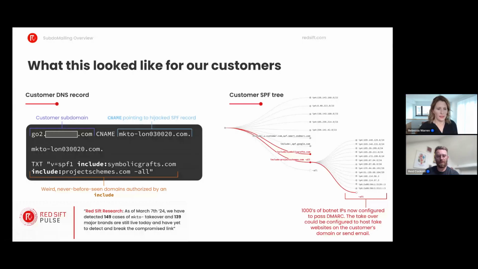Yeah. And Reid, just to add a point, this domain, we actually did a lot of research into these types of domains, these Marketo kind of look-alike domains. What happened was those were originally added to the DNS records by the security teams or whoever was using those, but then they expired. So after they expired, bad actors picked up those domains. And then since it was included via the CNAME, we're able to kind of inherit this SPF tree.